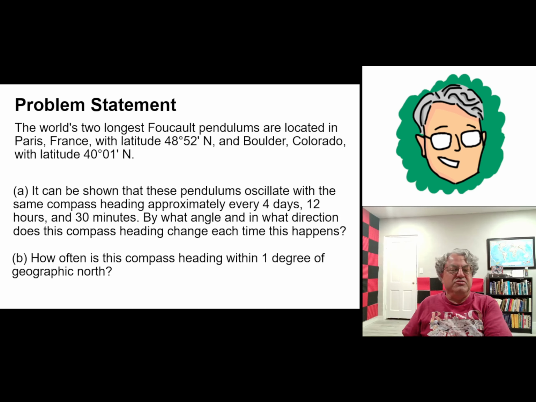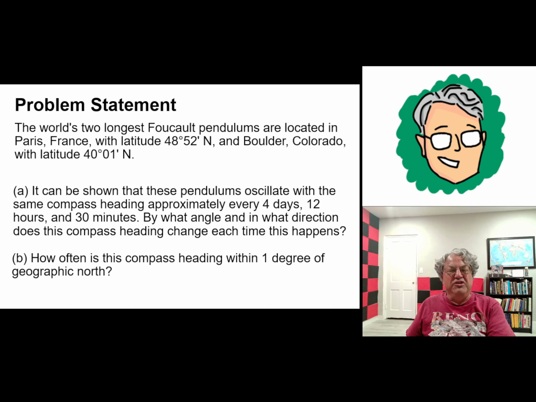So anyway, I actually posted another, easier problem pertaining to these Foucault pendulums about a month and a half ago. In that problem, what I asked was how often do the planes of oscillation both point in the same compass heading? Since they have different periods, their compass headings have to be changing with respect to time.